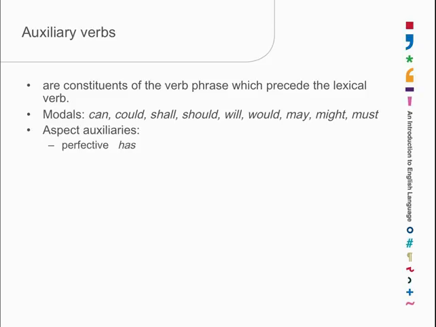He has cooked breakfast. He had cooked breakfast means that the cooking was completed relative to some earlier point in time. The progressive is signaled by the auxiliary verb be, and this time, instead of the action being completed, it's seen as ongoing. He is cooking. He was cooking. That is, relative to some reference point in time, the cooking was ongoing.